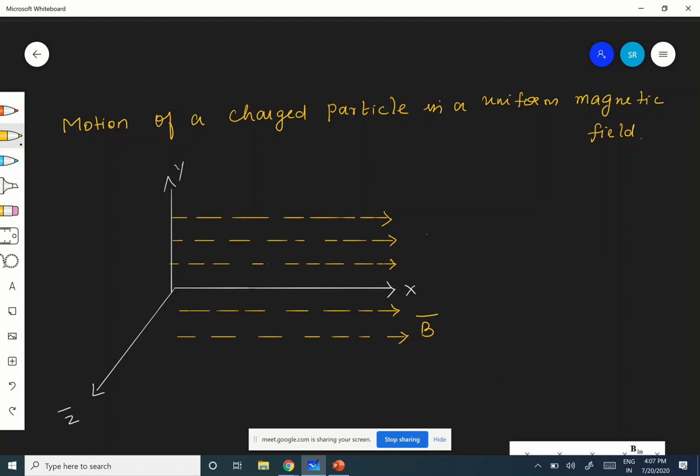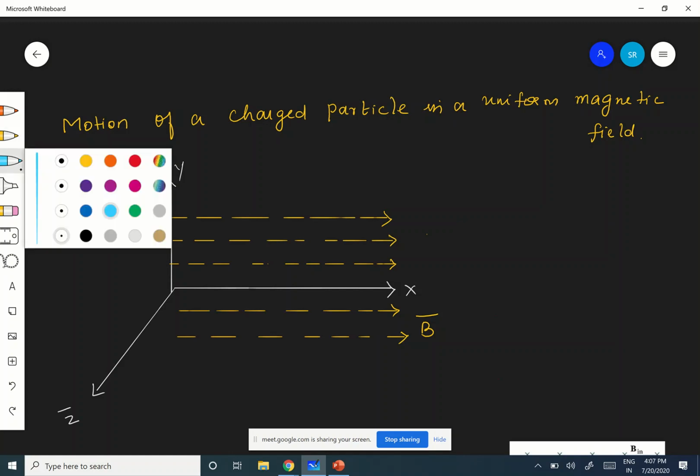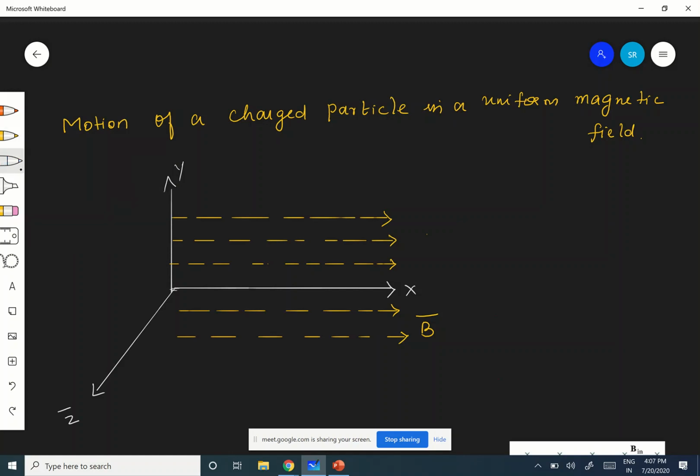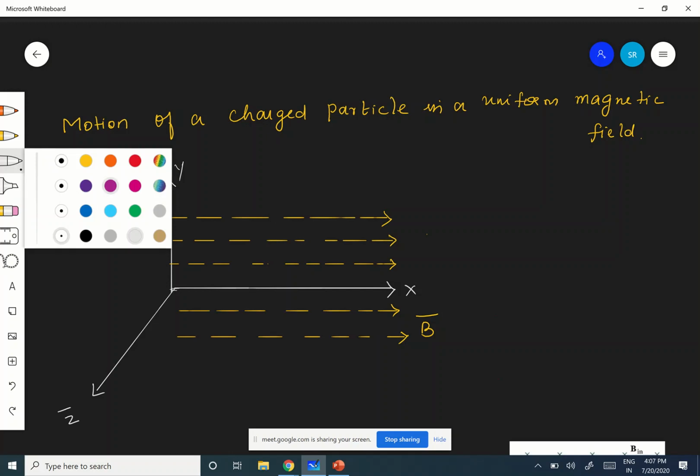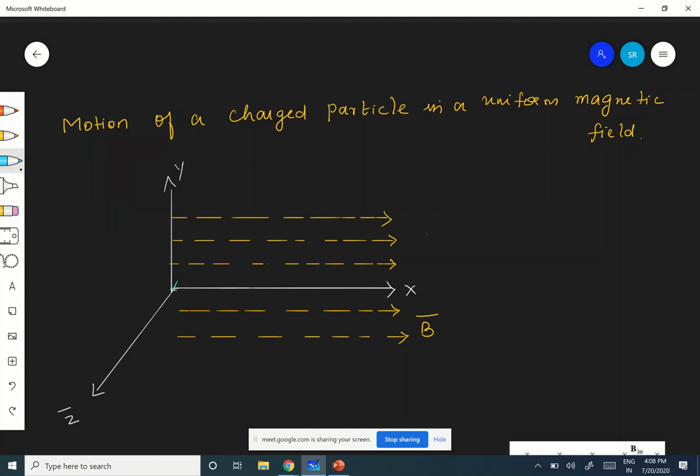Now the particle is entering into the magnetic field. It enters such a way that it makes an angle theta with the magnetic field. This is the velocity of the charged particle, with charge q and mass m.